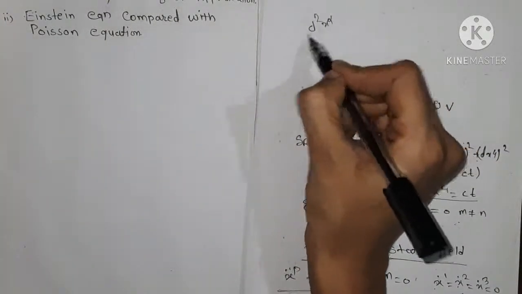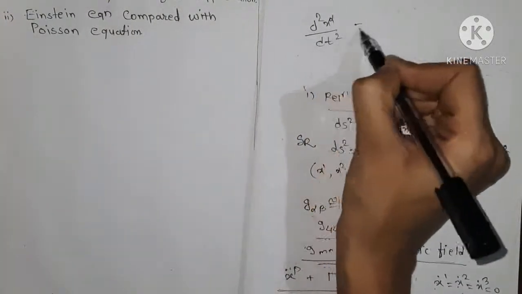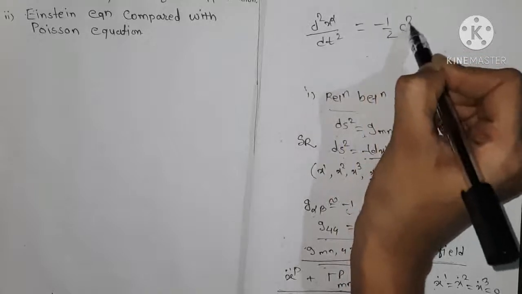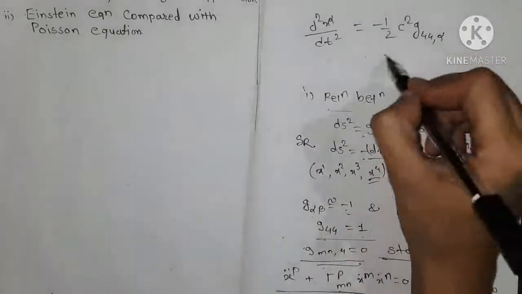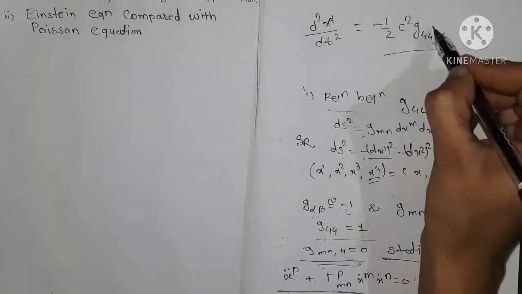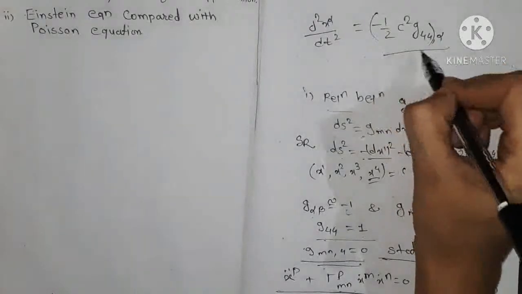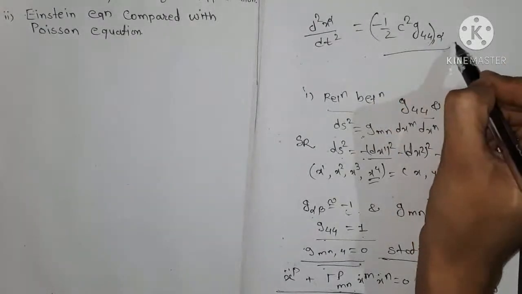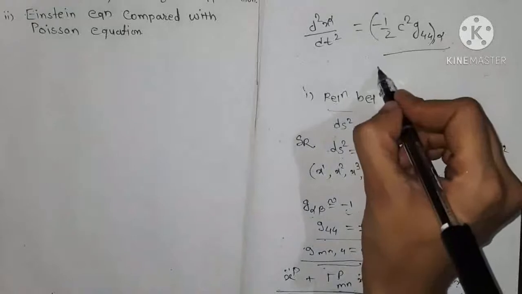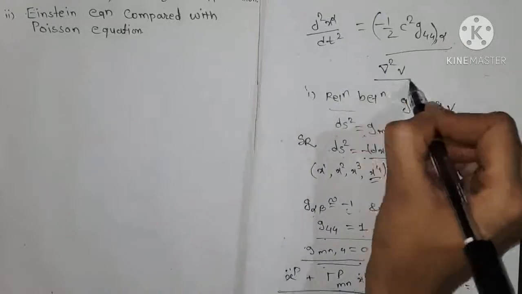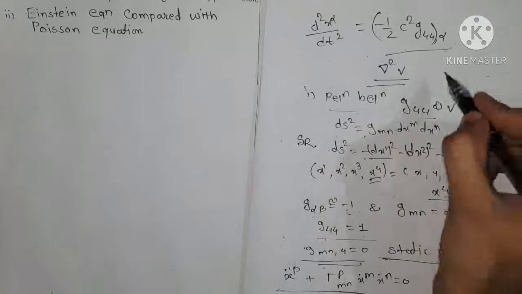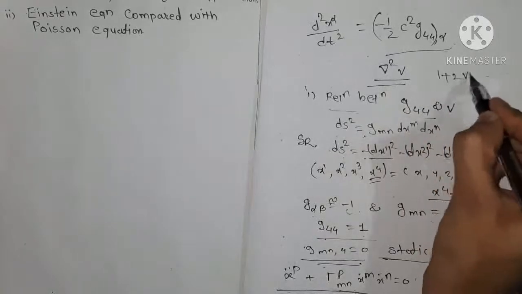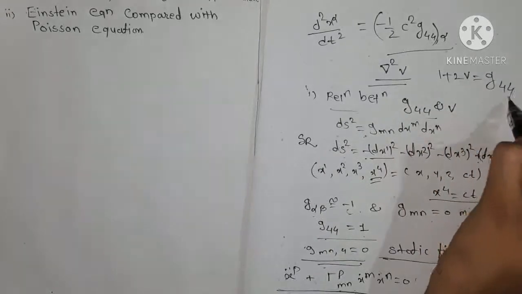We form the equation d2x alpha by dt square equals -1 upon 2c square g44 comma alpha in this form, and we write this as a comma to the whole bracket comma alpha, and we compare this with the equation of del square of v, and then we get the relation that 1 plus twice v is equal to g44.